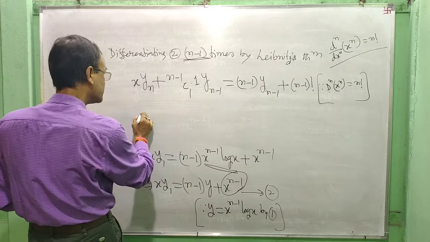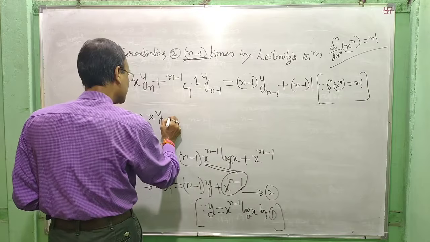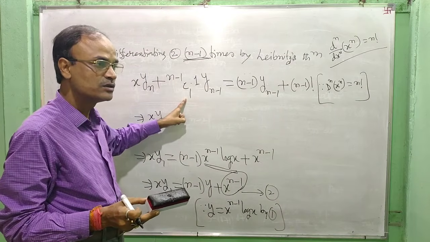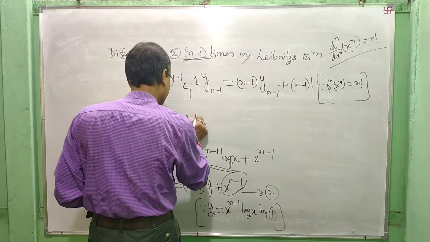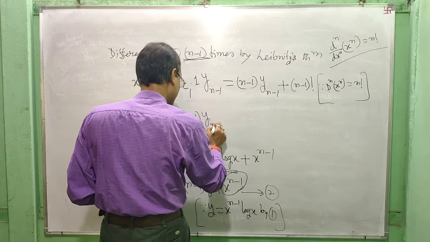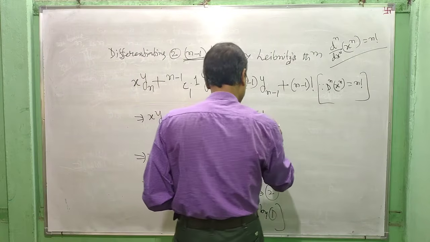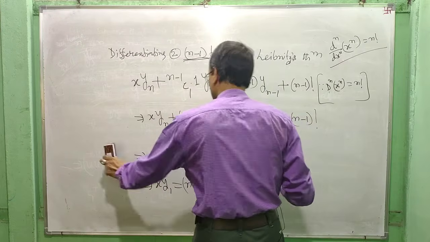Now, this means x y_n plus n minus 1 C 1. What will be the result of n minus 1 C 1? It is definitely n minus 1. y_n minus 1, this is equal to n minus 1 y_n minus 1 plus factorial n minus 1.